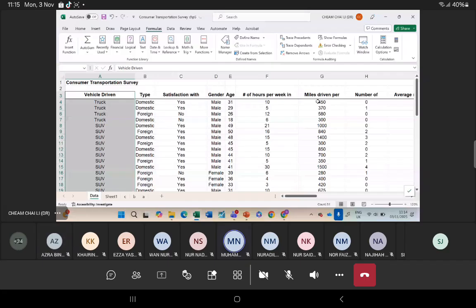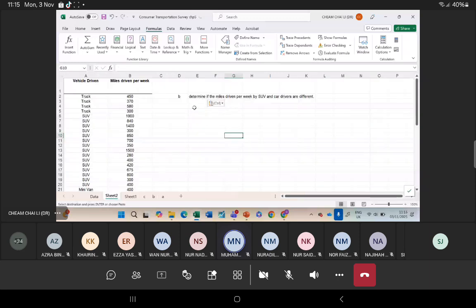And then next we look at the second question. The second question is, paste it here. Okay, so determine if the miles driven per week by SUV and the car drivers are different. So first of all, maybe we quickly write down the hypothesis. Before we write down the hypothesis, let us redefine first.